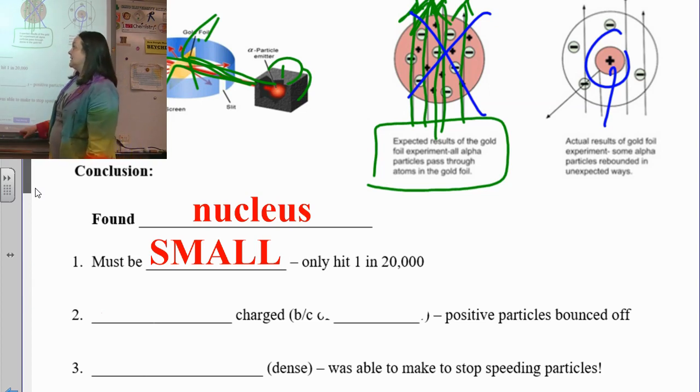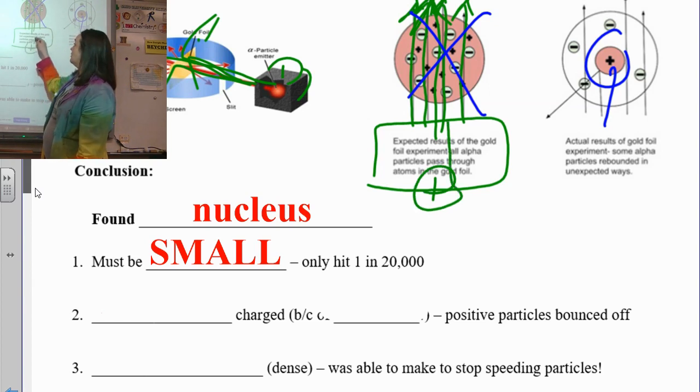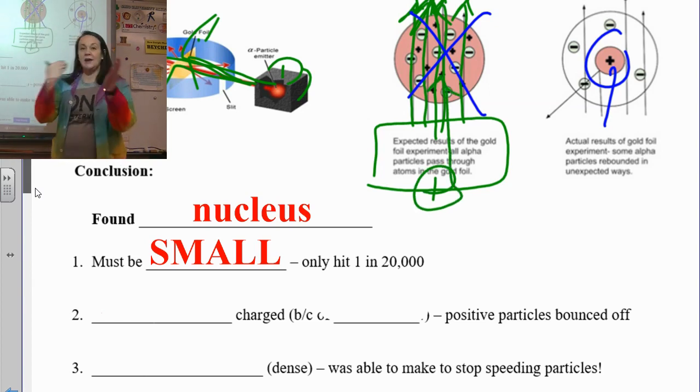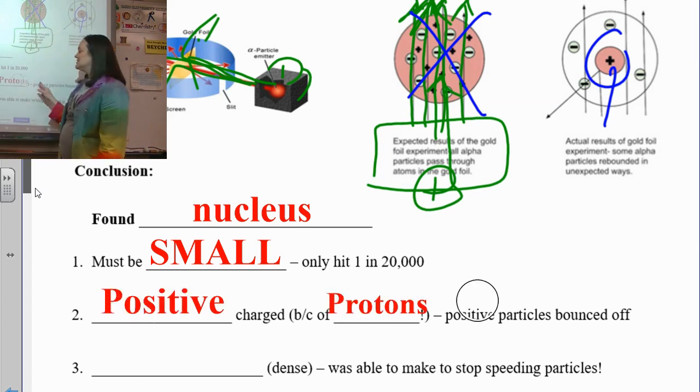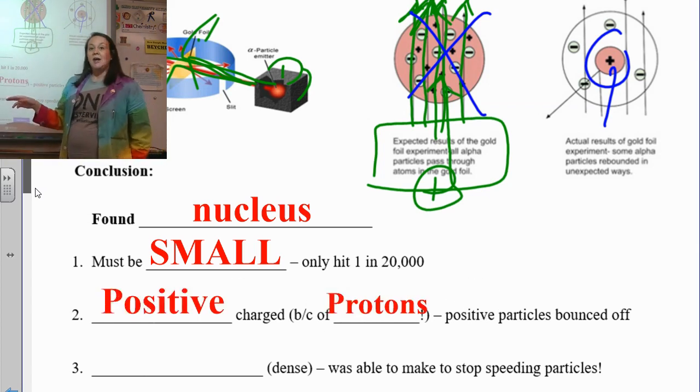The other thing is that they were firing positive particles at it, and it was not getting stuck. So the nucleus itself must also be positively charged. That's where we kind of came up with the proton idea. There must be some positive charge inside of that nucleus.